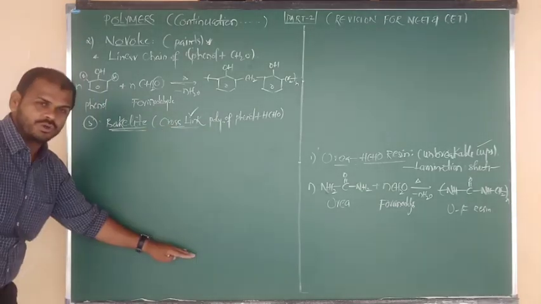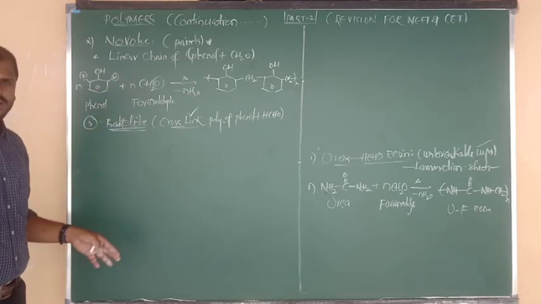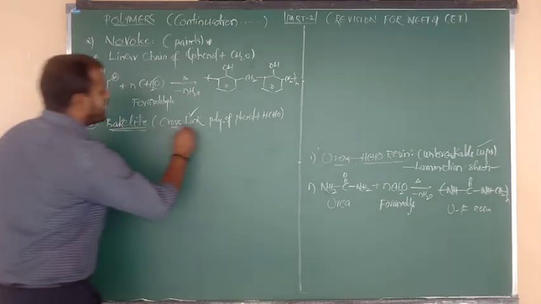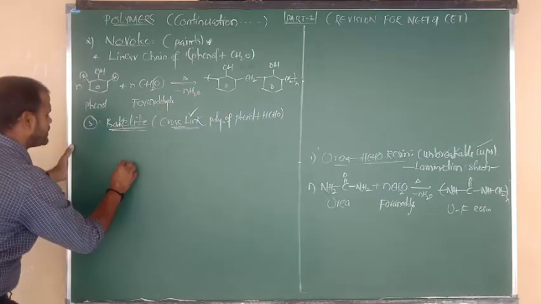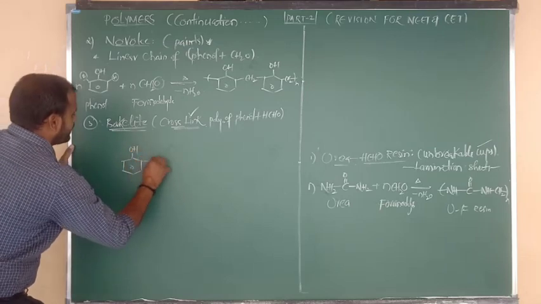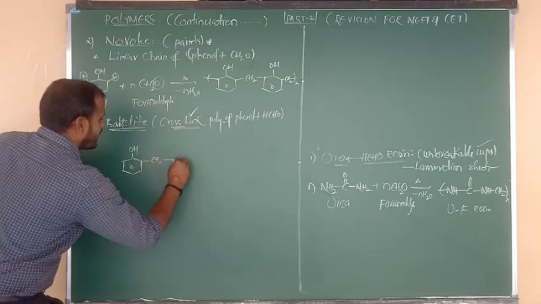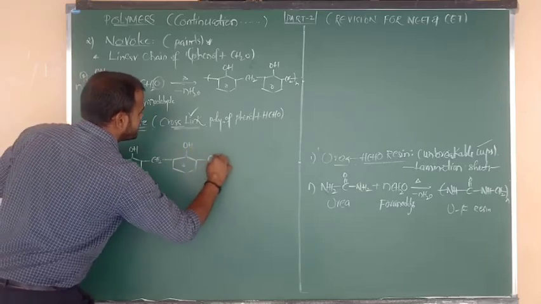So directly I am going to show you the structure of Bakelite, by taking phenol and formaldehyde. Bakelite is a cross-link polymer of phenol and formaldehyde. Let me write the same structure. Benzene bonded to OH, connected to CH2. Again benzene bonded to OH, connected to CH2.